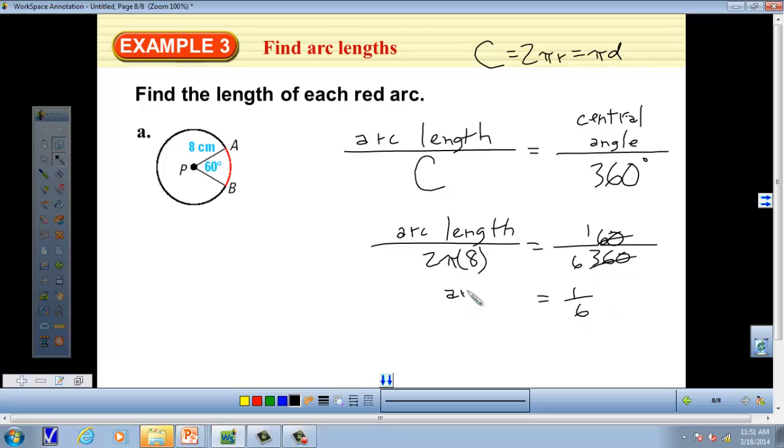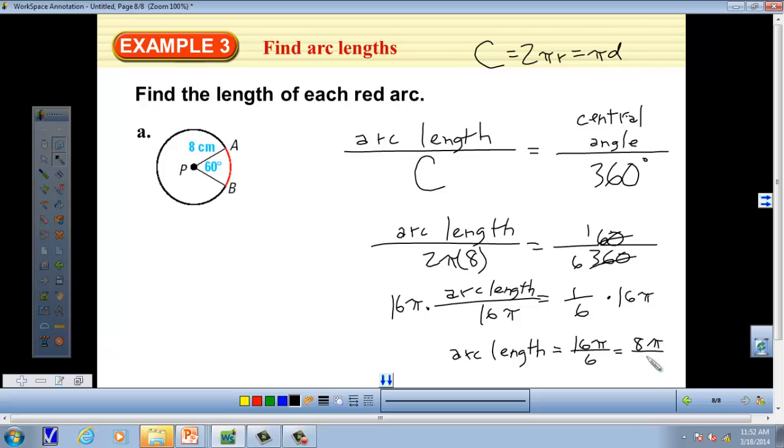Over here we would get arc length over 2 times 8 gives us 16 pi. So if I multiply both sides by 16 pi, we end up with the arc length equal to 16 pi over 6, which is also, if we divide both by 2, 8 pi over 3.